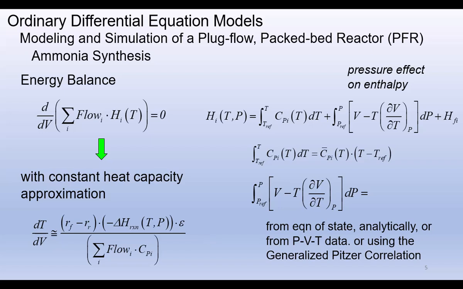And the one thing we note here is that the heat of reaction is a function of temperature, as we would expect, but also a function of pressure. And the reason that this needs to be kept in mind is that this reaction is run at very high pressure, 150 atmospheres, so the effect of pressure on enthalpy can be significant.